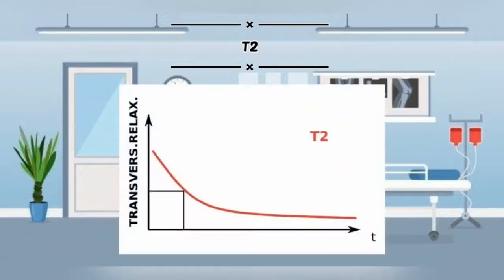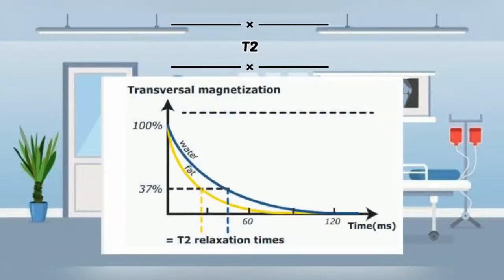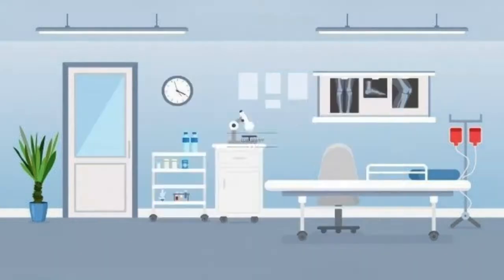Plotting transverse magnetization in the XY plane versus time, transverse magnetization decreases over time. In reality, the spins dephase much quicker than T2 because of inhomogeneity in the magnetic field B0. Note: T2 relaxation times vary between tissues. For example, water molecules move quickly and as a result, there is less field inhomogeneity.